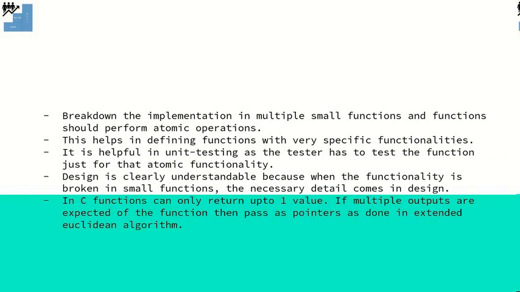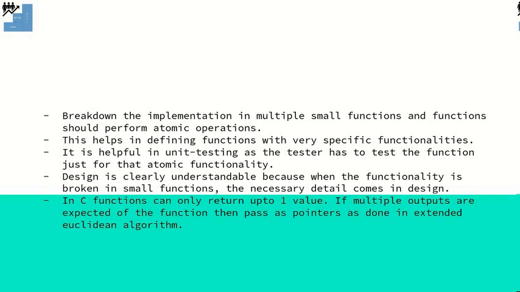Another point is, you might have seen in the code implementation that I have local variables, and I am passing the address of the local variables to the compute GCD function by &x and &y. That is because we are calculating three things from compute GCD: the coefficient x, coefficient y, and the GCD.